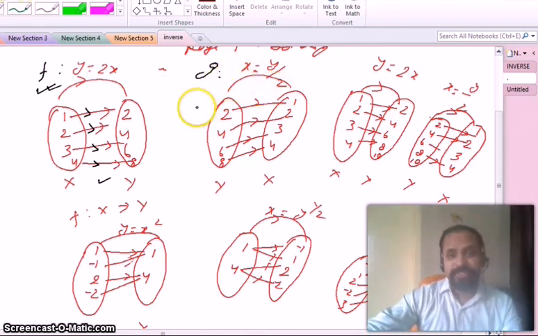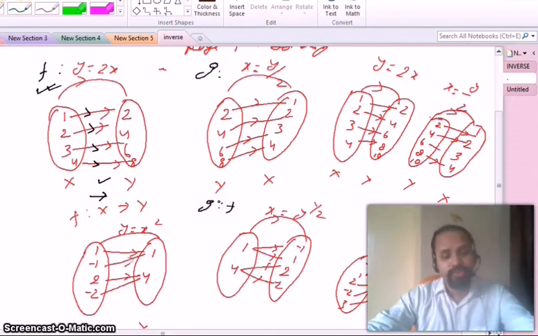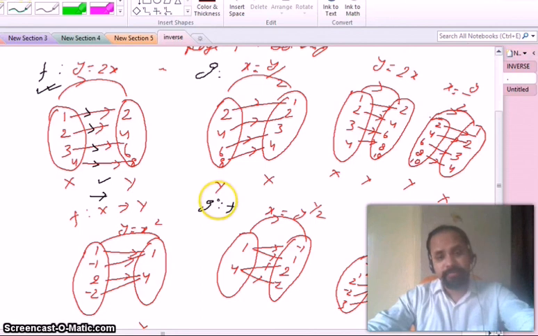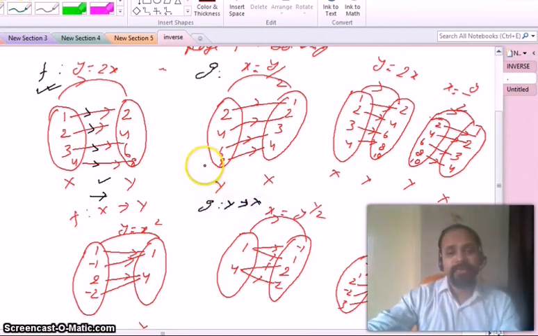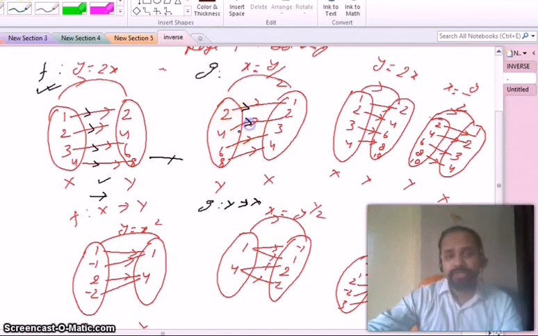So if this is f from X to Y, then for g it must be from Y to X. So I just reversed it. Then if y equals 2, x is 1, 4 then 2, 6 then 3, 8 then 4. This is a one-one onto function, so its inverse must be present.